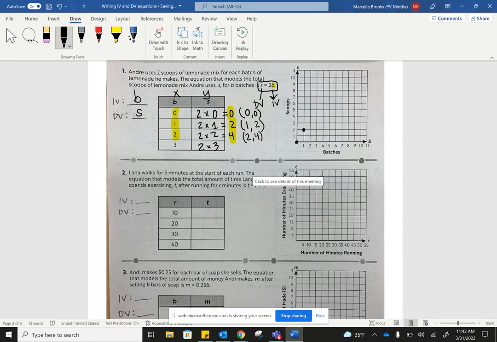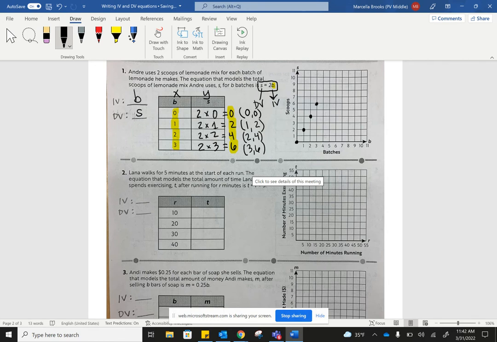Right 2, up 4. And then my next, 2 times 3 is 6. So my X value of my last point is 3. My Y value is 6. So 3, comma, 6. That's right 3, up 6.